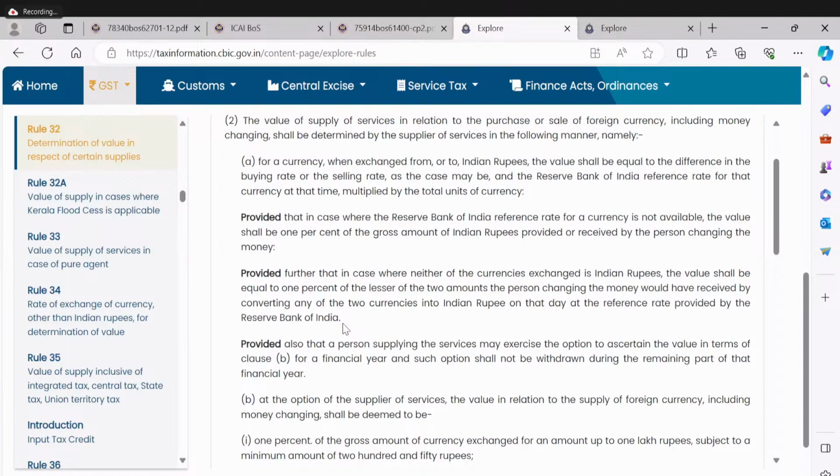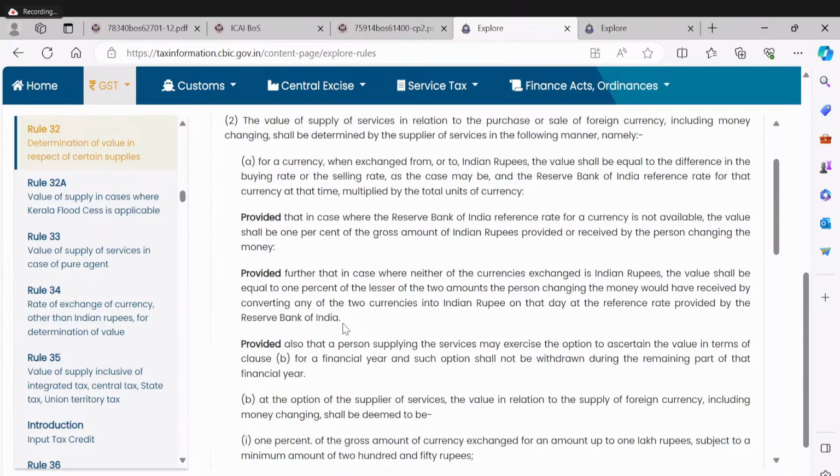If none of the currencies is Indian rupees, we are getting one foreign currency exchanged for another foreign currency, then both the foreign currency units will be multiplied with the RBI reference rate for rupee. That means they will be converted into rupee value. We'll take the lesser of the two amounts and then afterwards take 1% of that amount to be the value of supply.